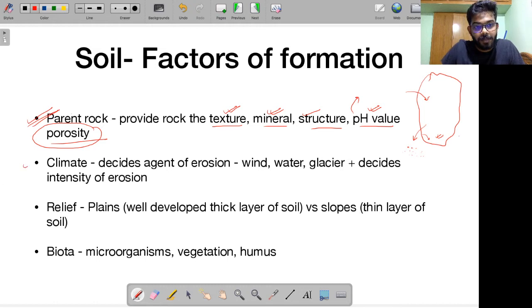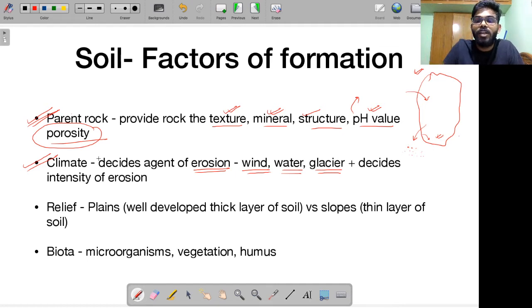Then climate. Climate decides the agent of erosion. As I told you, this parent rock undergoes active erosion, right? What are the various agents of erosion? It could be wind, it could be water, it could be glacier, or maybe a combination of all these factors, right? So the climate, for example, if you're on a mountain top, then you have glaciers.